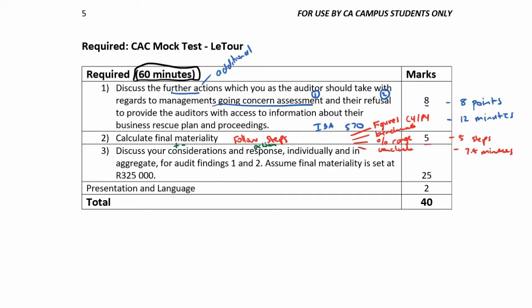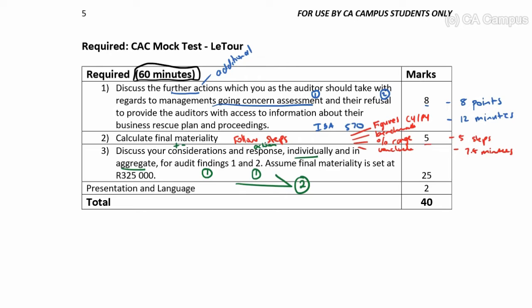So I need to look at audit finding 1 on its own. I need to look at audit finding 2 on its own. And then I need to aggregate the 2 and discuss. Okay, individually and then in aggregate for audit findings 1 and 2.